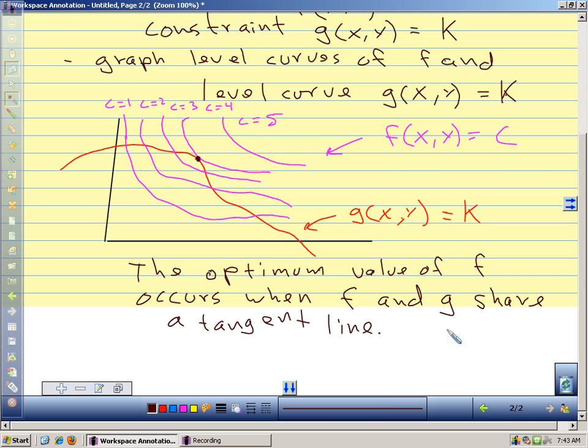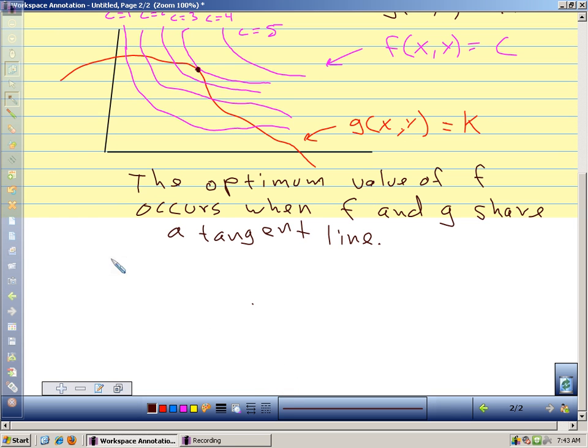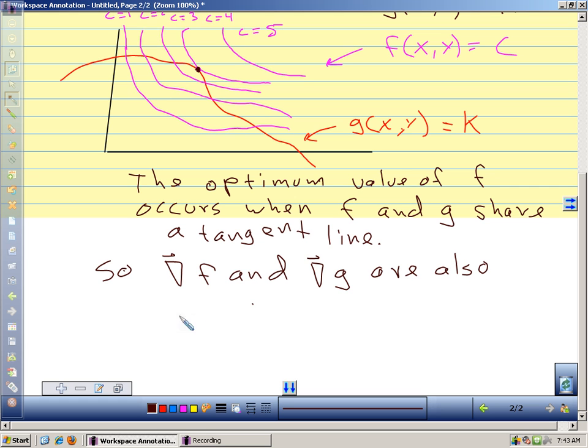So del f and del g are also parallel at that point.